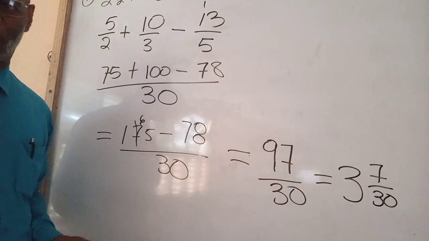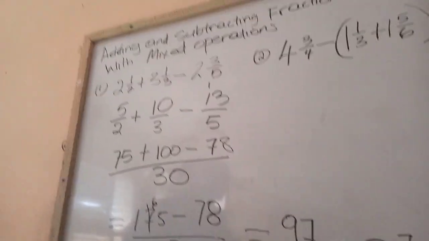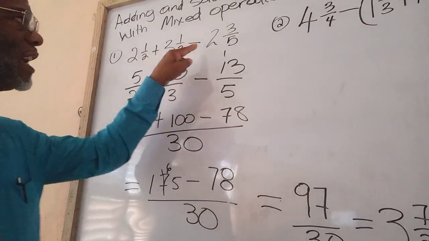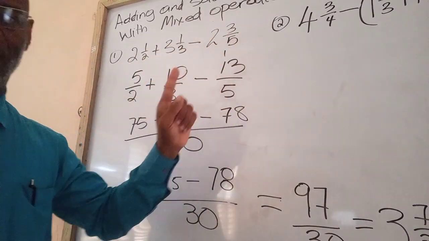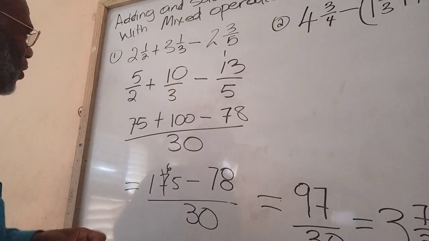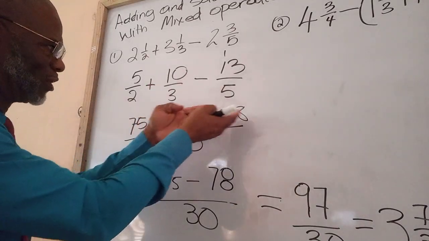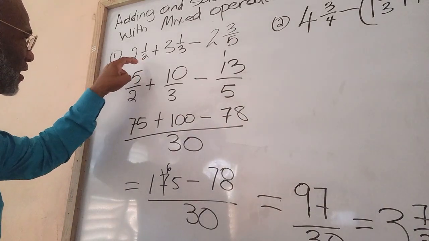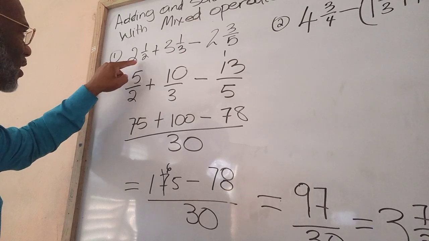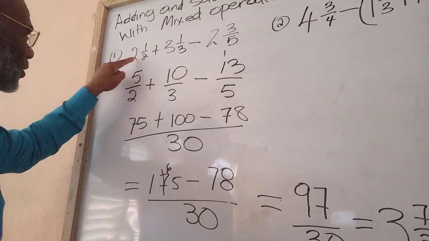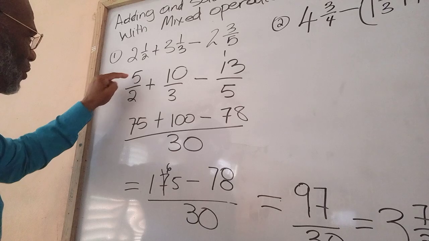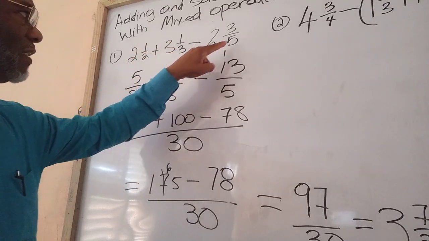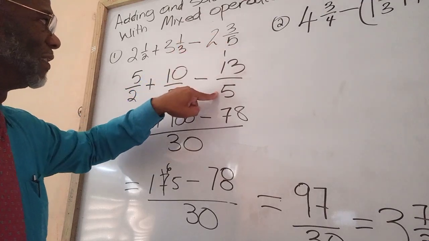Now let's go from the top. We have 2.5 plus 3 and 1/3 minus 2 and 3/5. We say we are going to add, then we subtract. So we change these to improper fractions. 2 twos are 4 plus 1 is 5 over 2, plus 3 threes are 9 and 1, 10 over 3, minus 5 twos are 10 and 3, 13 over 5.